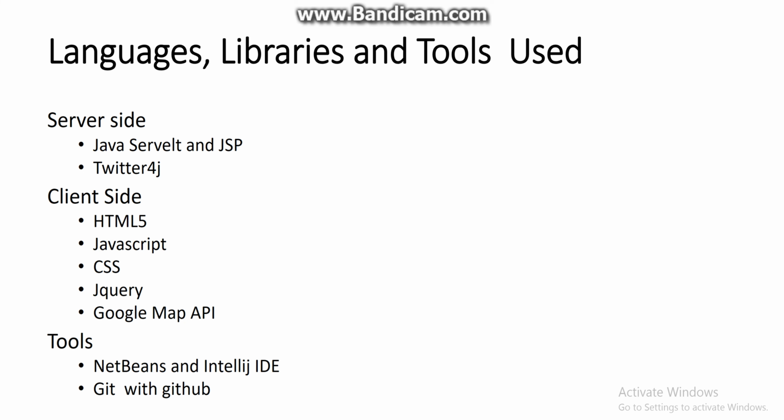Twitter 4J fetches data from Twitter and converts JSON data to objects. On the client side, we use HTML5, JavaScript, CSS, jQuery, and also the Google Map API.